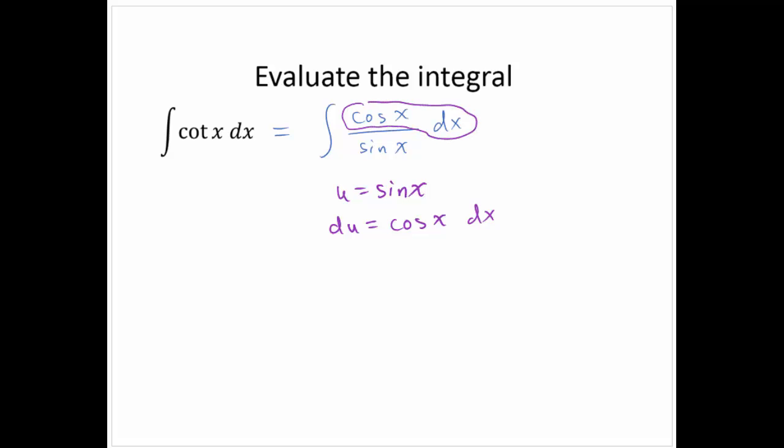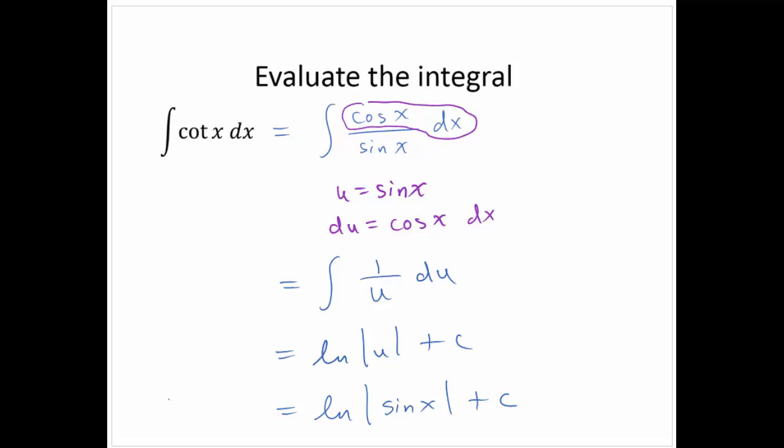So then this integral can be rewritten as the integral of 1 over u du, and that's a simple integral. The integral of 1 over u du is the natural log of the absolute value of u plus a constant. And so this is the natural log of the absolute value of sine x plus a constant.